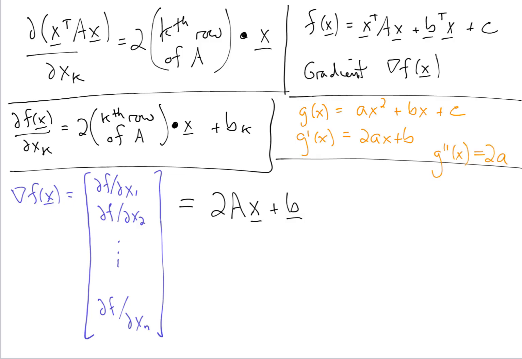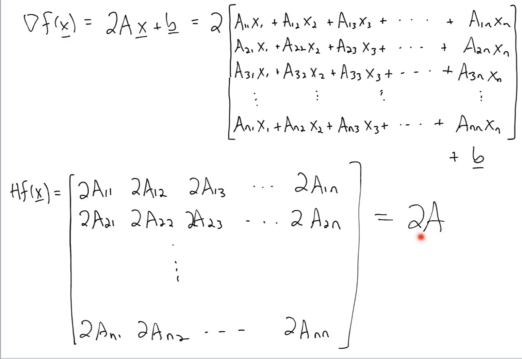And notice we have something very similar here. The second derivative in this vector calculus sense is 2 times that constant matrix A. So this gives us really what we need to work with quadratic functions when we're doing vector calculus. It gives us the basic tools.